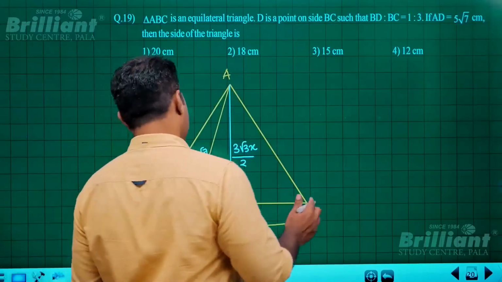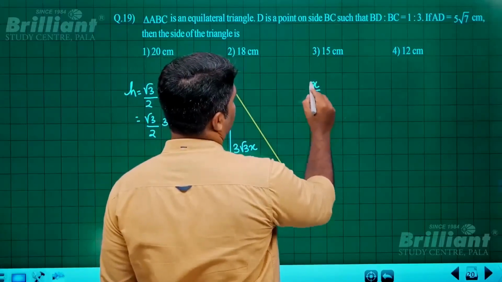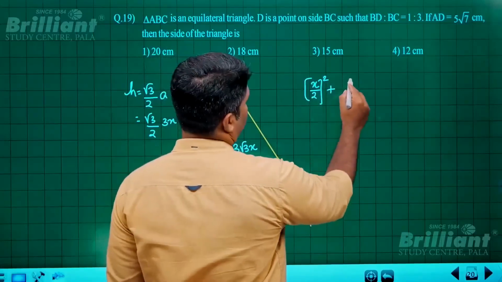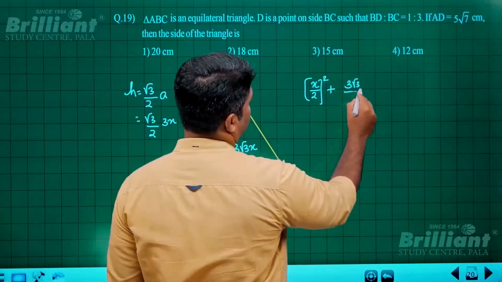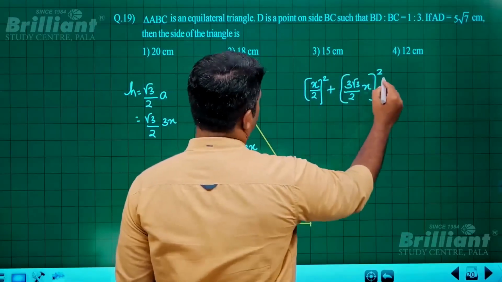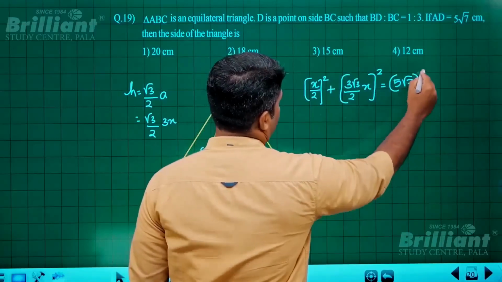So applying Pythagoras theorem, here this is (x by 2) the whole square plus (3 root 3 by 2 x) the whole square is equal to (5 root 7) the whole square. Got it?